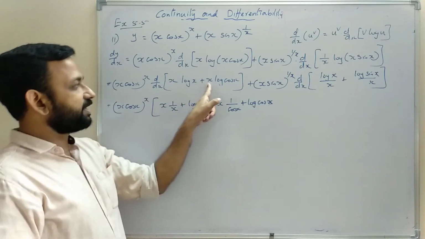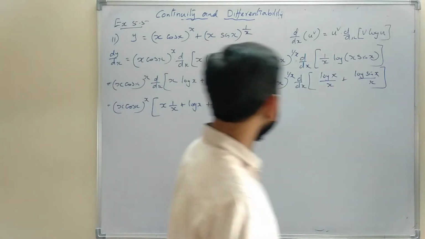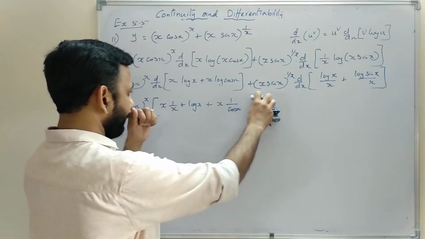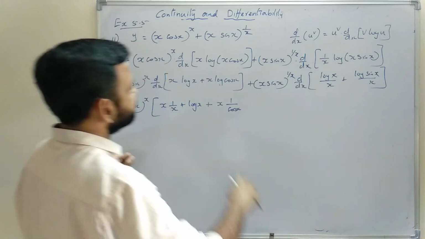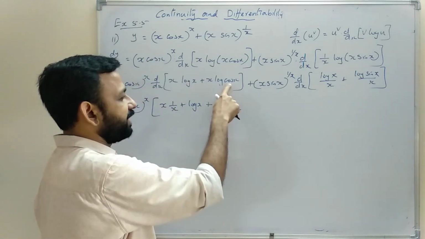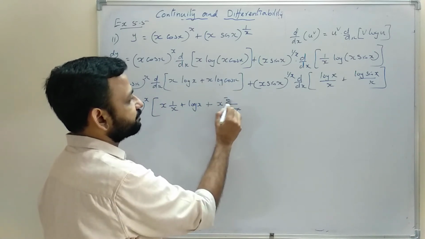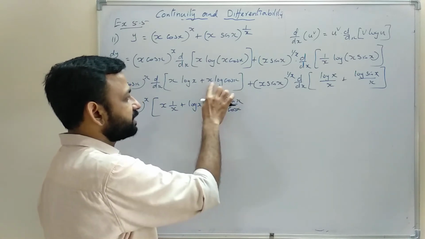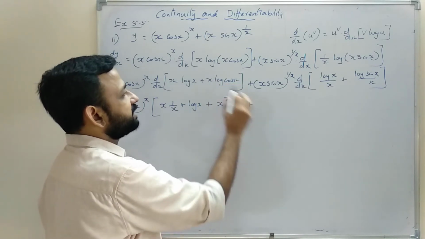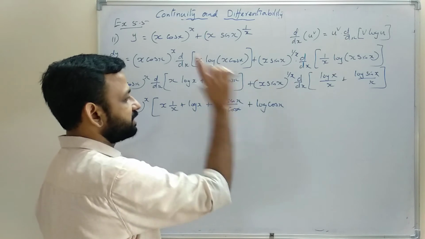Then again first function x into derivative of log cos x, that is x into 1 by cos x into derivative of cos x, that is minus sin x. So first function into derivative of second, plus second function log cos x into derivative of x, that is 1.